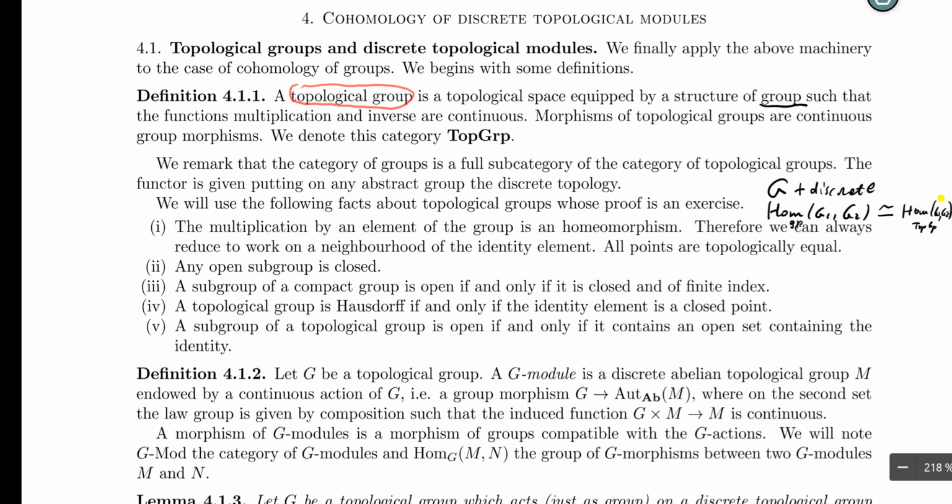But here, when you put the discrete topology, any group homomorphism is continuous. So it's a full subcategory.